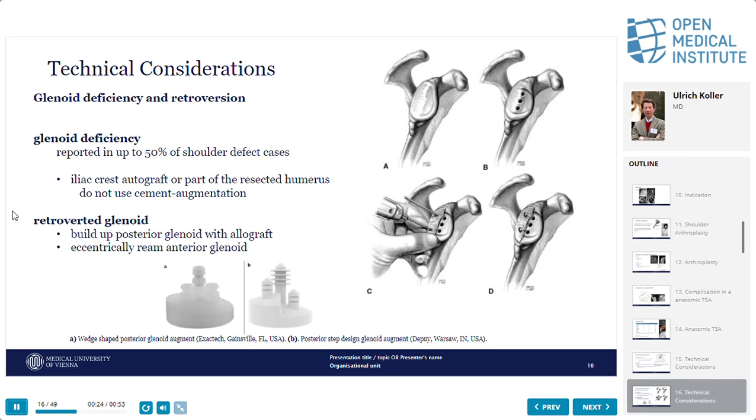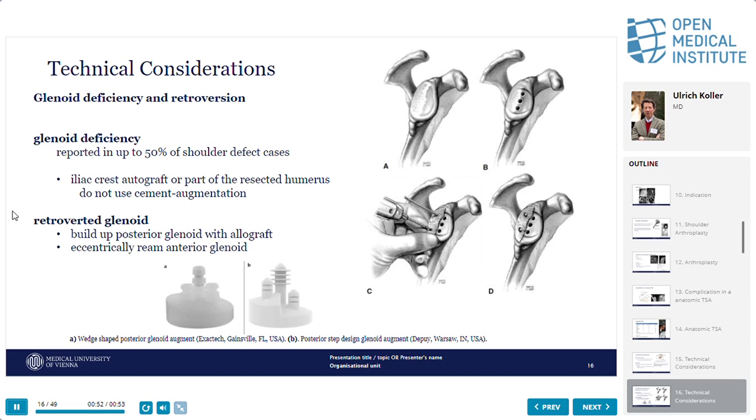So when we have too much backside wear, or too much erosion of the glenoid in the back, you are not able to implant the glenoid so that it will be stable. So you have to augment it on the back side. This can be done by these polyethylenes.